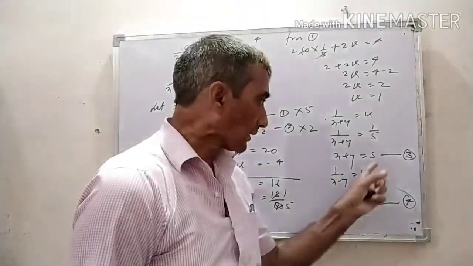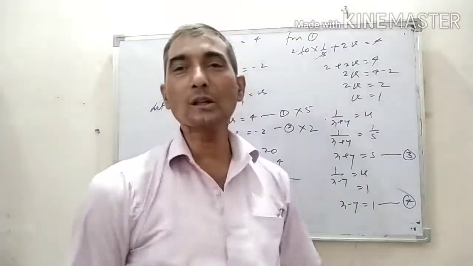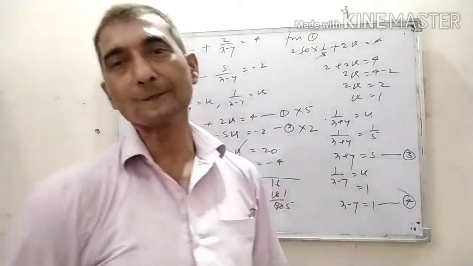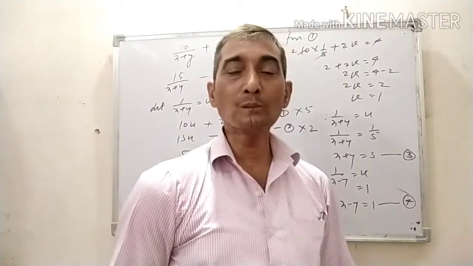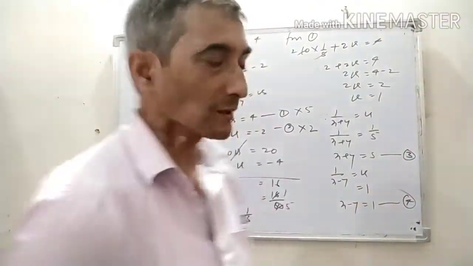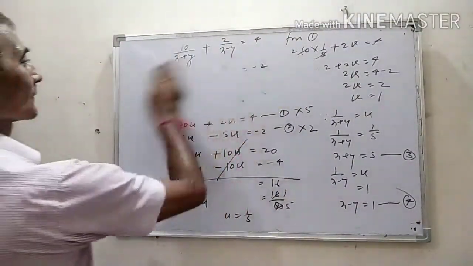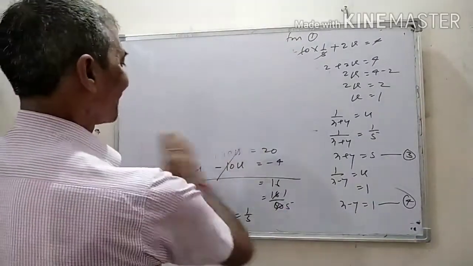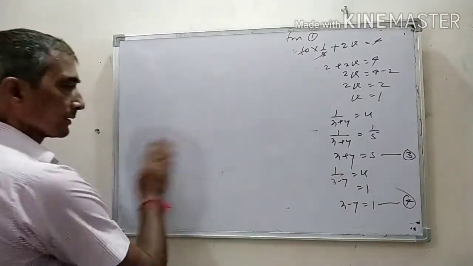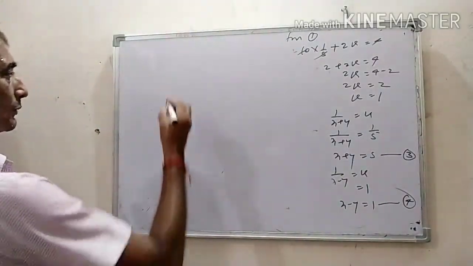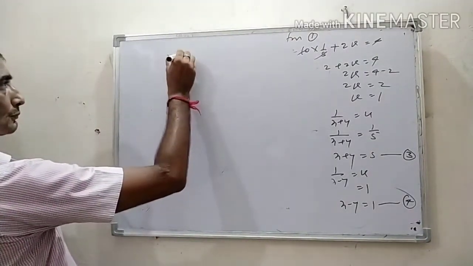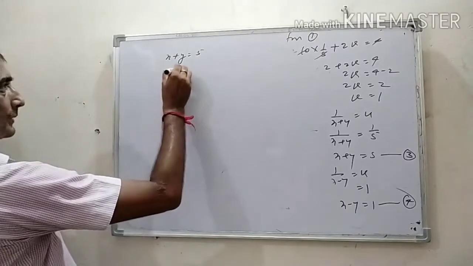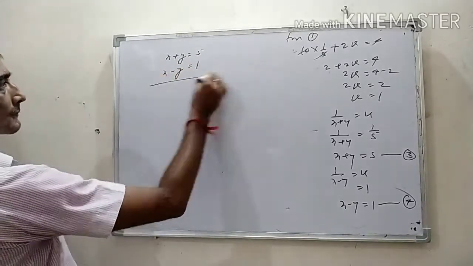We will solve equations number 3 and 4 again by the elimination method. Then we will find the values of x and y. Come and see. x plus y equal to 5 and x minus y equal to 1.